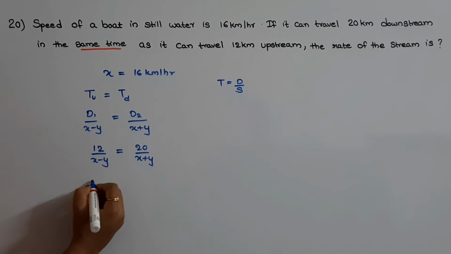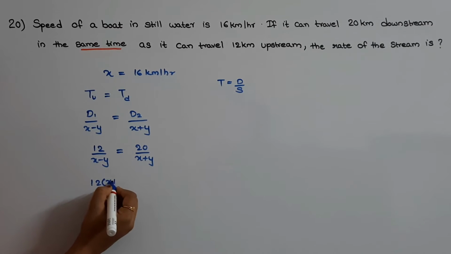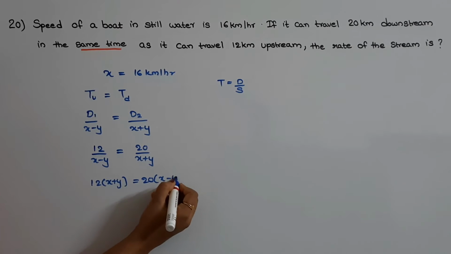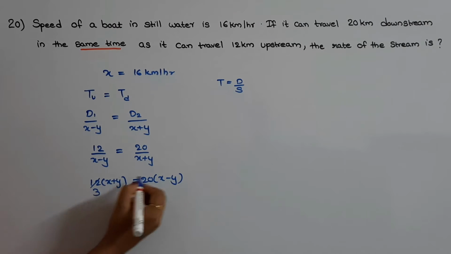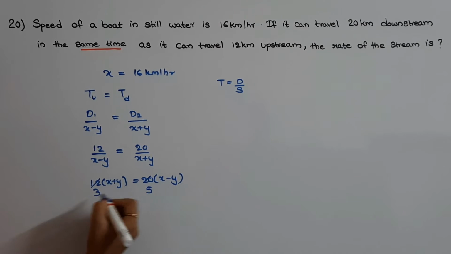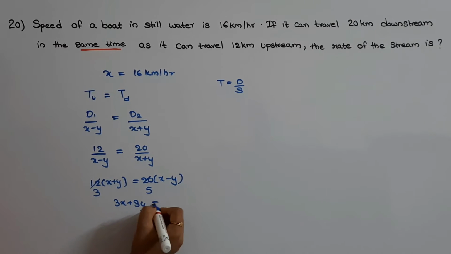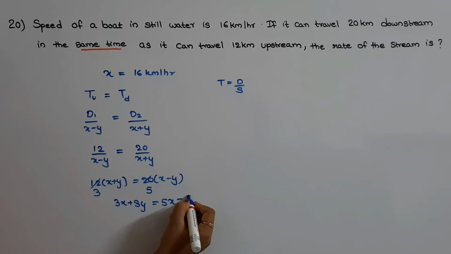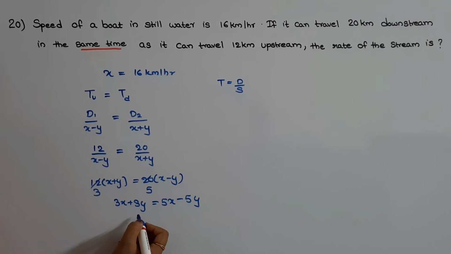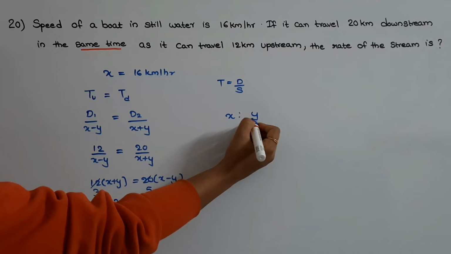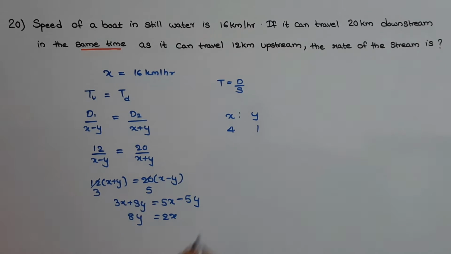So we can write this as 12 into x plus y is equal to 20 into x minus y. That is equal to 3x plus 3y is equal to 5x minus 5y. So from this we will get 8y is equal to 2x, or x is to y ratio will be equal to 4 is to 1.